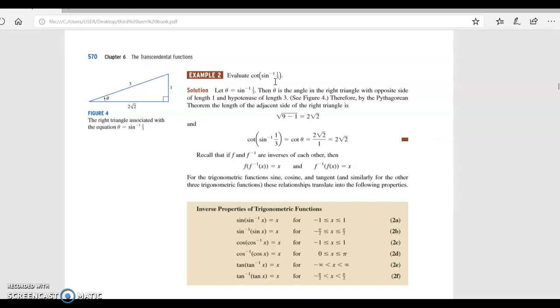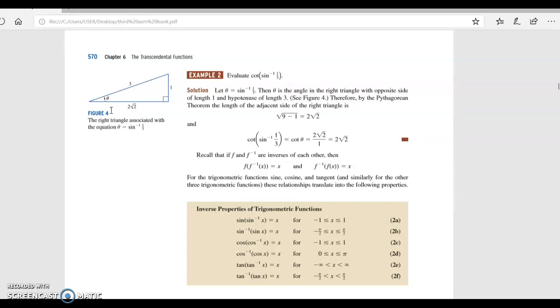Evaluate cot of sine inverse 1 by 3. For that, substitute theta equal to sine inverse 1 by 3. Here theta is an angle in a right triangle with sine theta equal to 1 by 3, which means 1 is the opposite side and 3 is the hypotenuse.